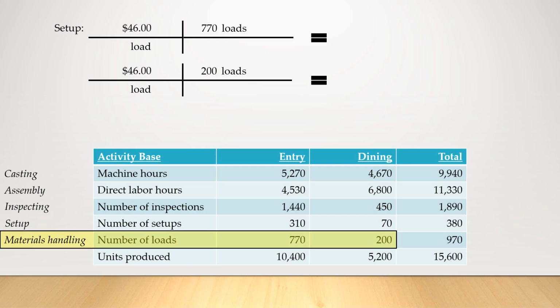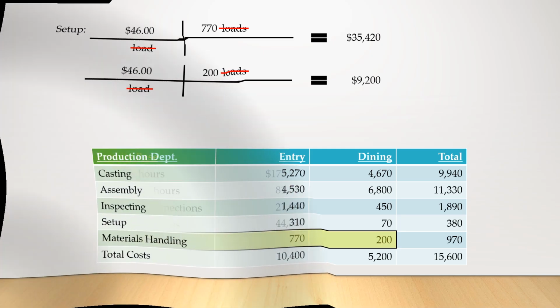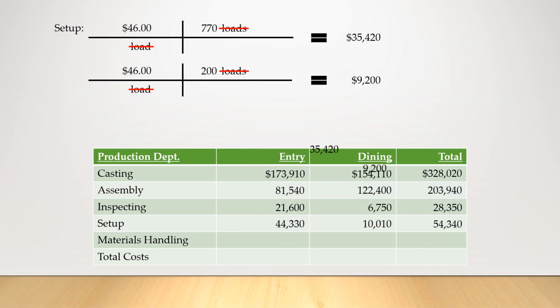Multiply the loads by the rate, and entryway fixtures has $35,420 of materials handling costs, while dining room fixtures has $9,200 of materials handling costs. The total materials handling costs allocated to our products is $44,620. Note that these total amounts for activity costs will reconcile to the total cost given in our problem information.